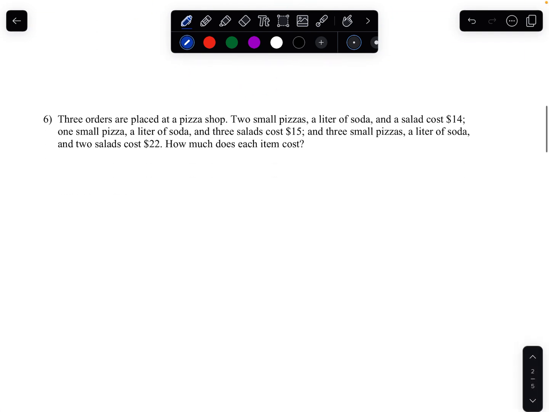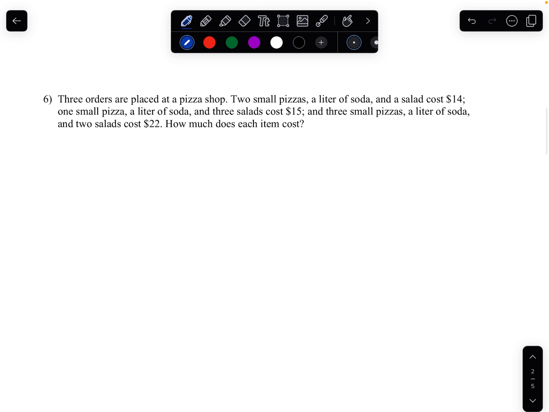Okay. Question 6. So this is a word problem. We've got 3 orders that are placed at a pizza shop. 2 small pizzas, a liter of soda, and a salad costs $14. So 2 small pizzas plus a liter of soda plus the cost of salad.